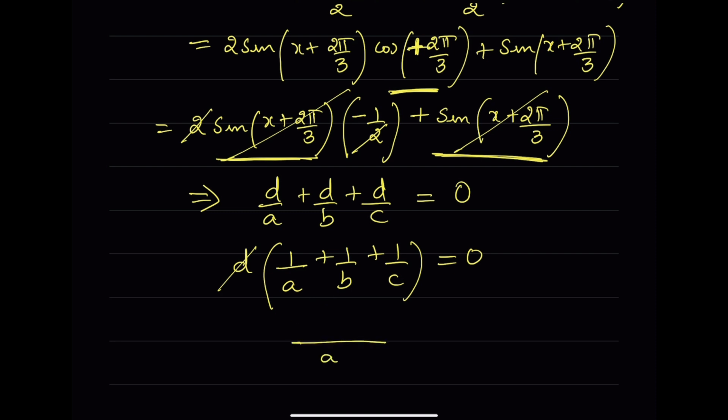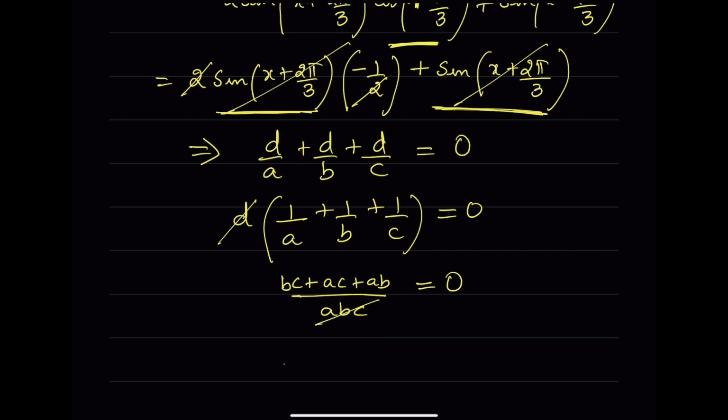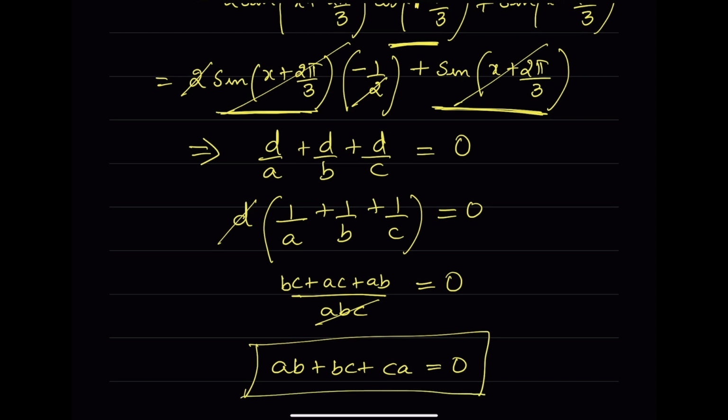So the common denominator is abc, and the numerator would be bc plus ac plus ab. This is equal to 0. We can cancel abc. So final answer is ab plus bc plus ca is equal to 0. So this is how we can solve the first question.